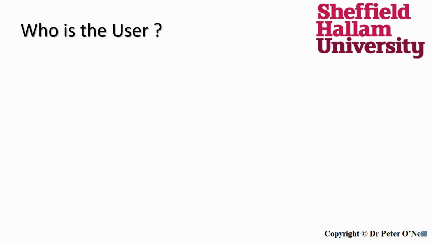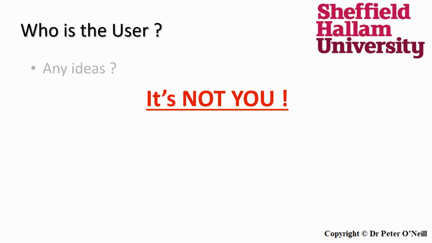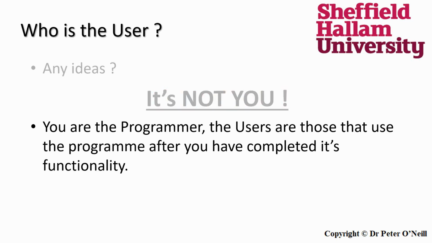Right, question for you. Who is the user? Any ideas? It used to be you, but it's not anymore. You're changing your role, right? You've only just started to learn to program, but you are slowly changing your role. You are the programmer.